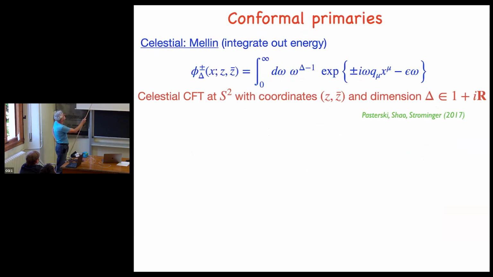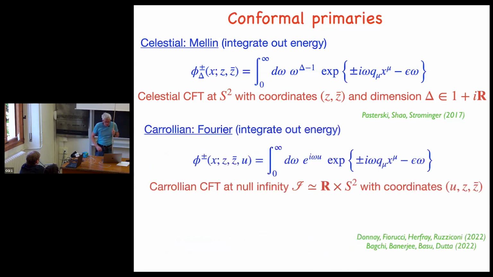Then you do this Mellin transformation, integrating over the energy omega, and that gives you the conformal primary on the celestial sphere. You can check that it has exactly the covariant transformation behavior under conformal transformations, with the conformal weights following from this delta.